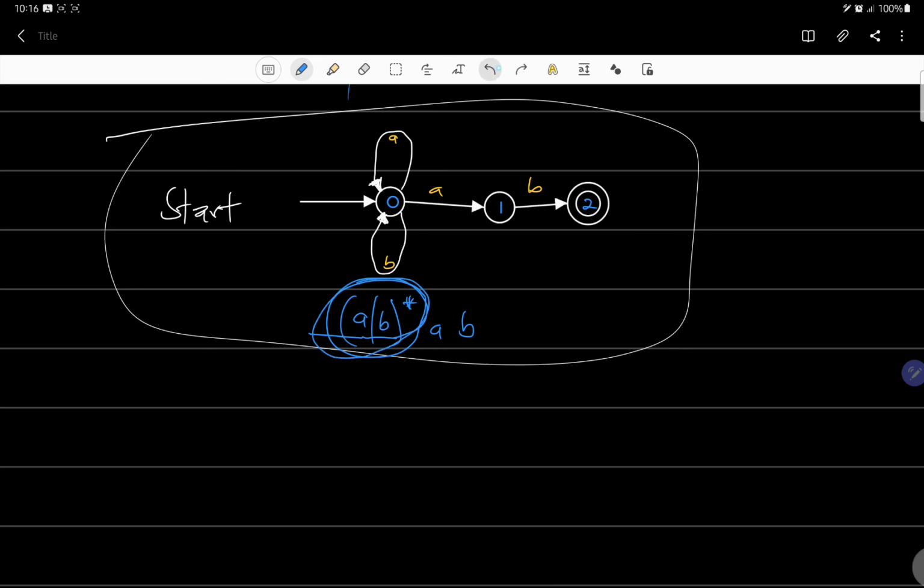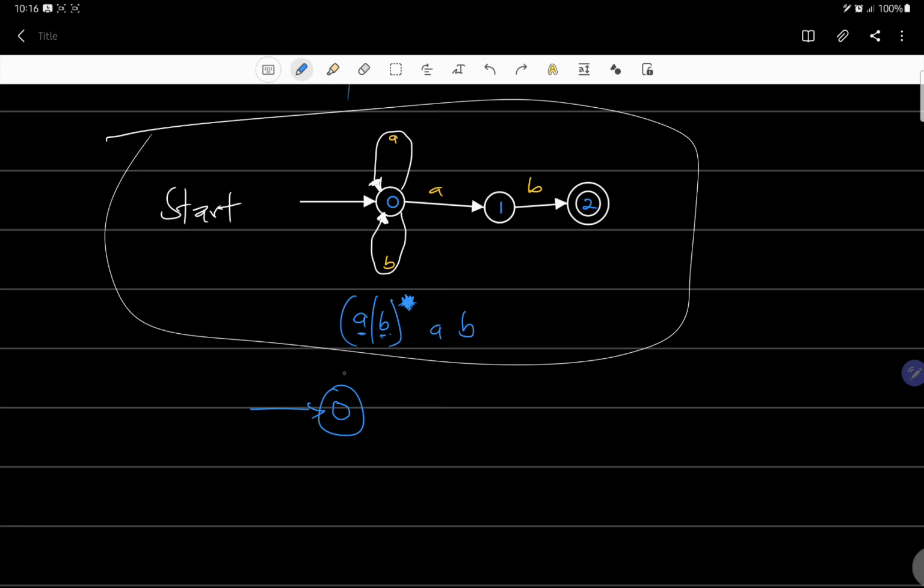What that means is, when you start from our point 0, either A or B can start, then you can even have as many occurrences of A or B. That's what this asterisk means.